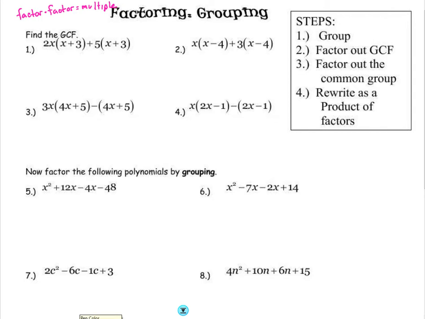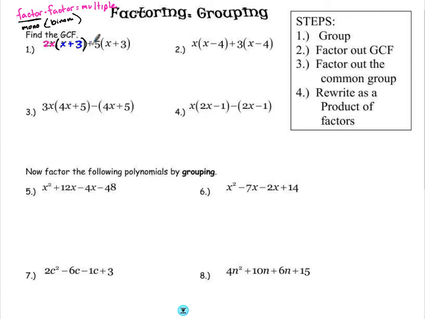So here, I'm going to show you an example where my first factor is a monomial, and my second term is multiplied to a binomial. In our first example, I have 2x, which is a monomial, multiplied with, in parentheses, x plus 3. These two are being multiplied together. They are both factors of the same expression.